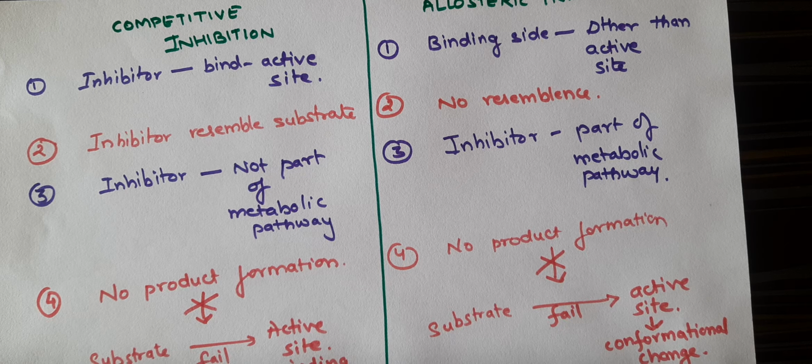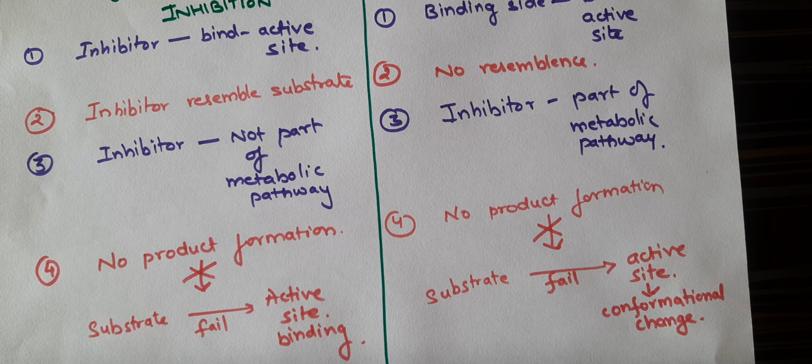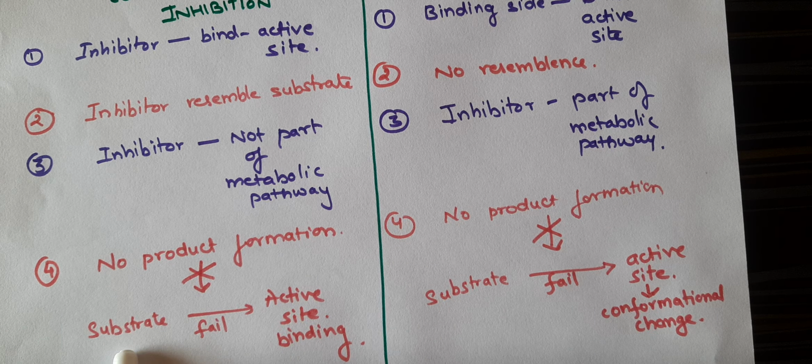So I will explain once again the difference: in the case of competitive inhibition, no product is formed. Why? Because when the substrate wants to bind to the active site, it fails to do so because an inhibitor has already occupied the active site.